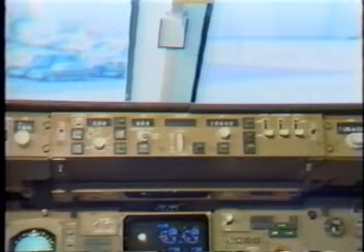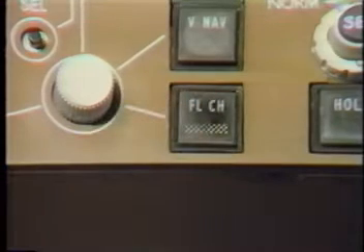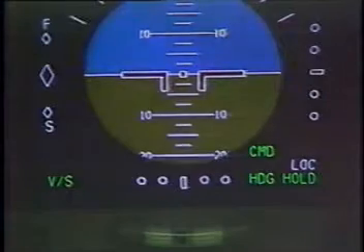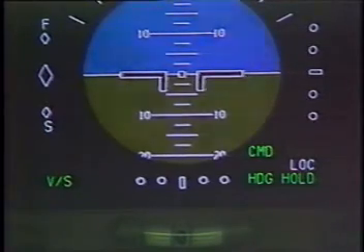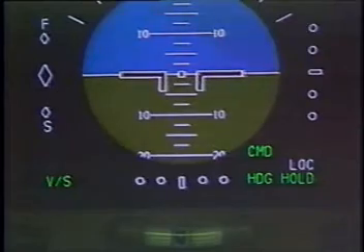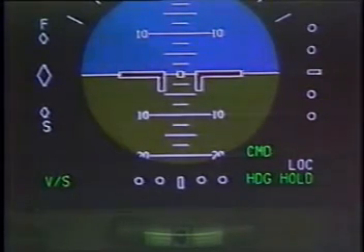Mode selection is initiated by pressing the desired mode switch. The lower portion of the switch, called a dot bar matrix, illuminates. Autopilot flight director mode and status messages are displayed on both of the electronic attitude director indicators, or EADIs.